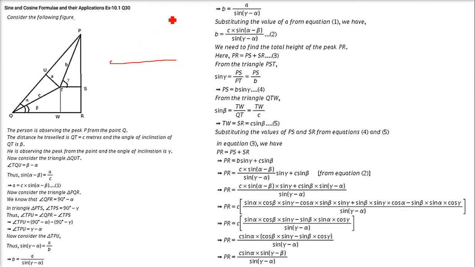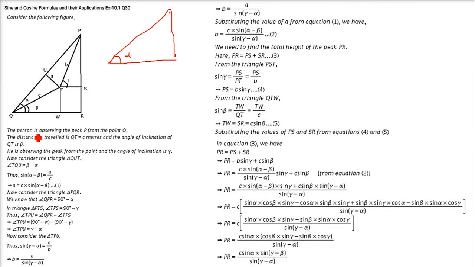When he is watching the top, he is watching at angle beta, sorry. This is angle beta, and the whole is angle alpha. So this TQU is alpha minus beta, okay.